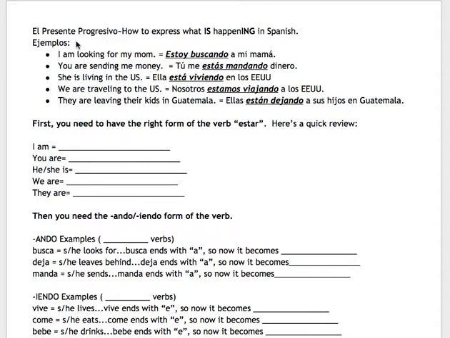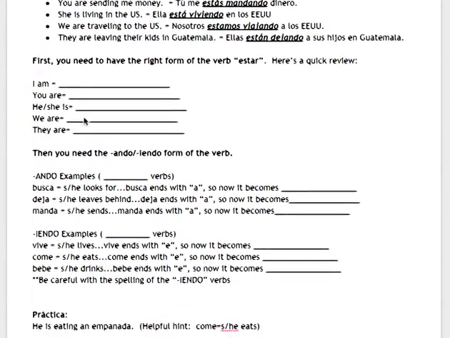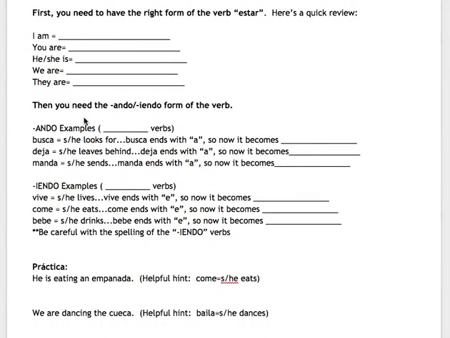Those words mean am or are or is. So, to form the present progressive, first you need to have the right form of the verb estar. Again, estar means to be, and it is for feelings or places or temporary things in the present tense.